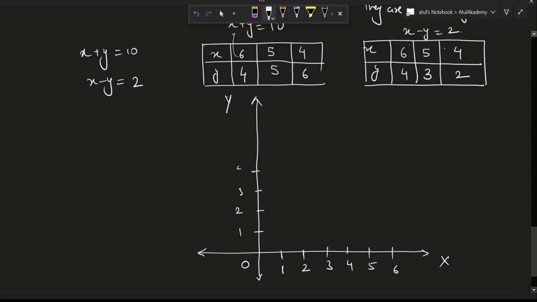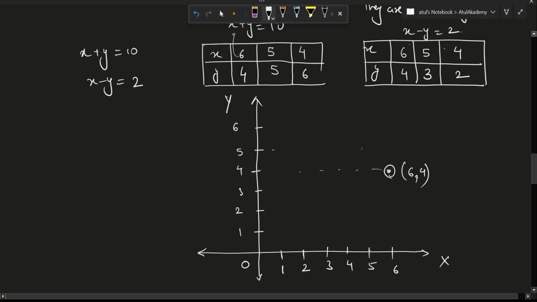3, 4, 5, 6. x is 6 over here, y is 4. So x goes over here, so y 4 from here. So this is your 6 and 4. Then 5 and 5, approximately will come somewhere here.